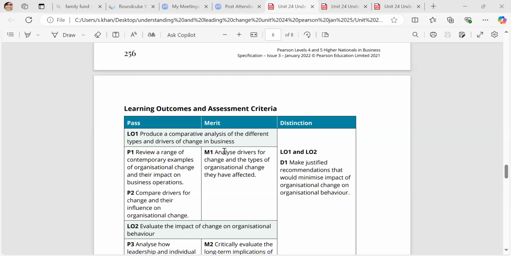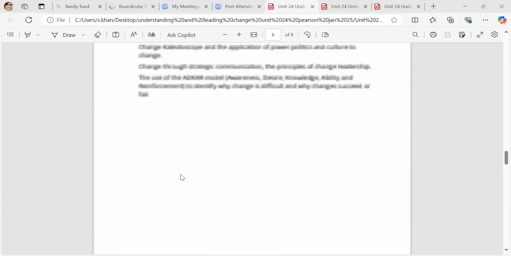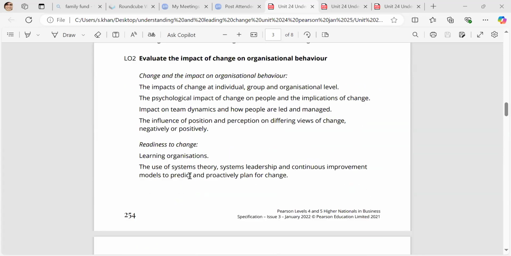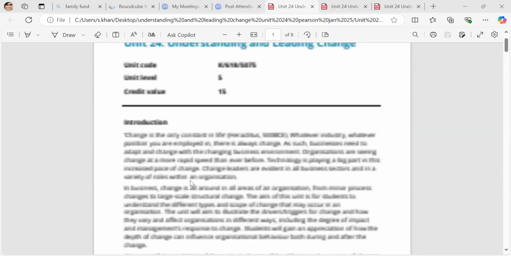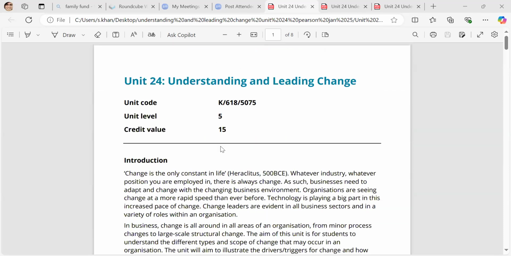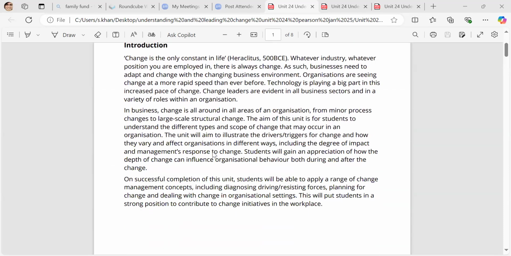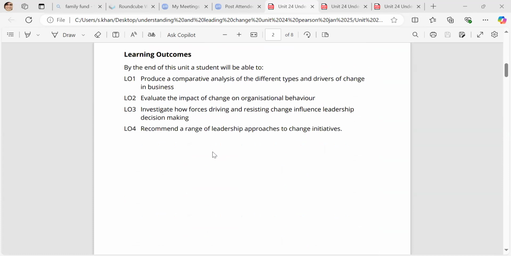Yeah, I'm good. Okay, so we're looking at the unit specification and what is expected of you in the unit. The unit is Understanding and Leading Change. We've got 4 learning outcomes. All this is available on Moodle for you. My name is Shazia Khan, if you have any questions to ask.